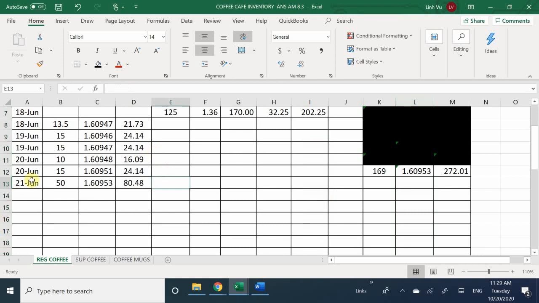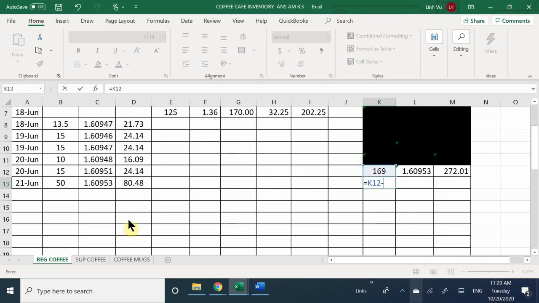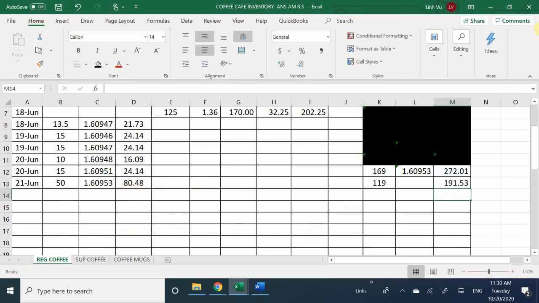48. Okay. So now I need to update my inventory. I started out with 169 minus 50, which is 119. 191.53. 1.6094957.